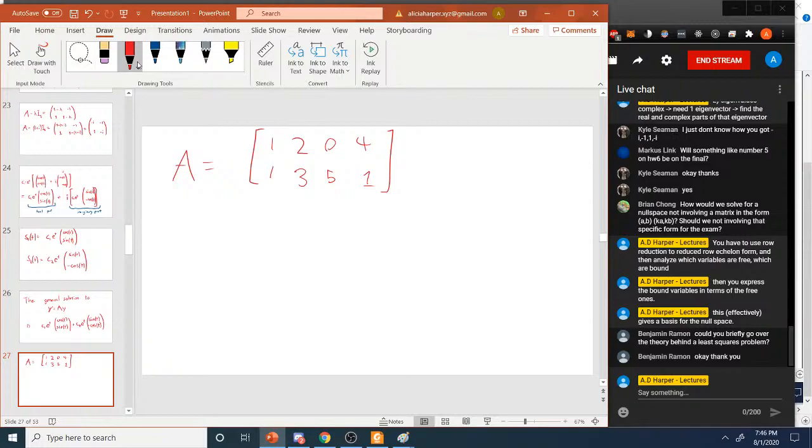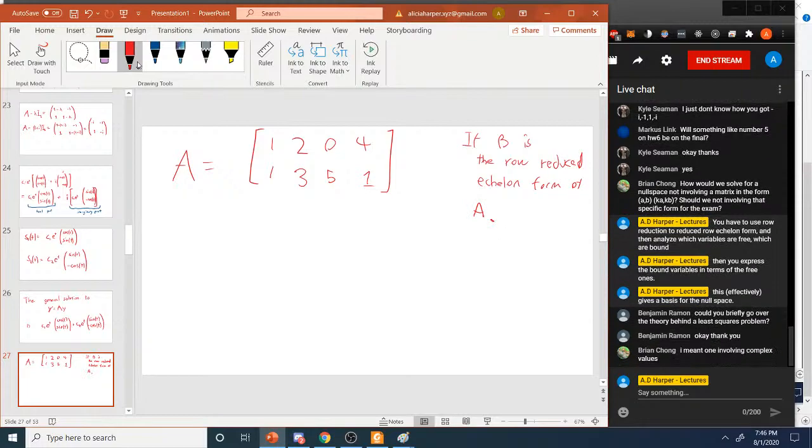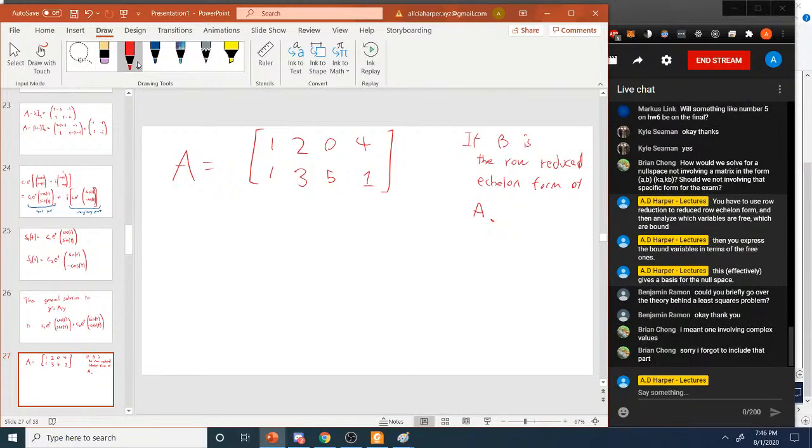What I'm going to do is note that if B is the row-reduced echelon form of A, then... oh, okay.